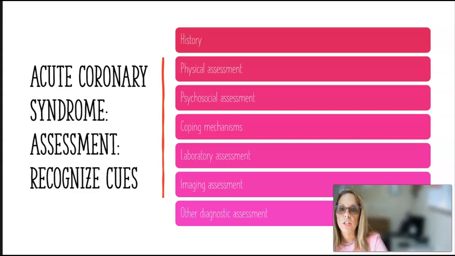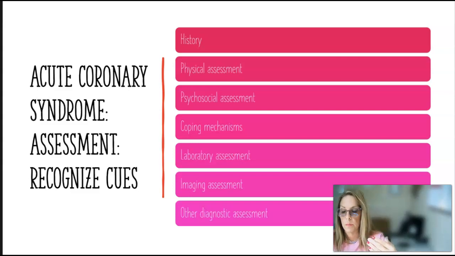For the labs, we'll look for that 12 lead EKG to see if there's that ST elevation or T wave inversion. Those cardiac markers that we talked about, such as troponin, and these are patients that we will very quickly want to do that coronary angiography on to really establish that blood flow. So a lot of times we're trying to get them to the cath lab quickly for treatment.